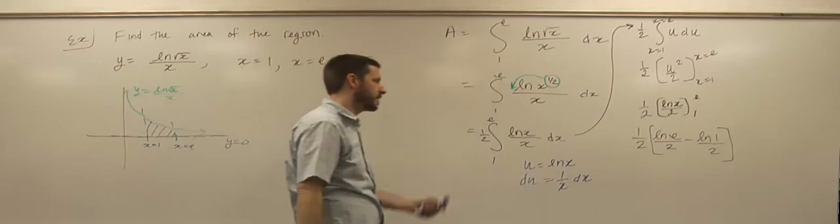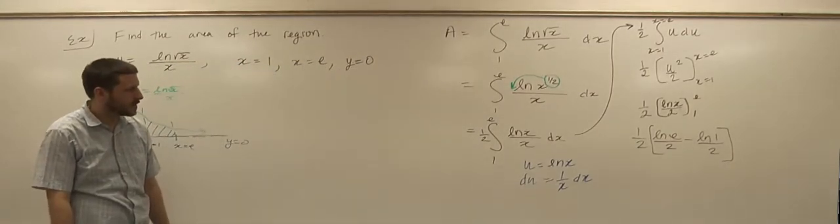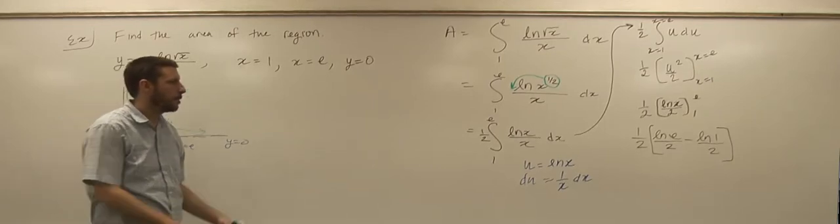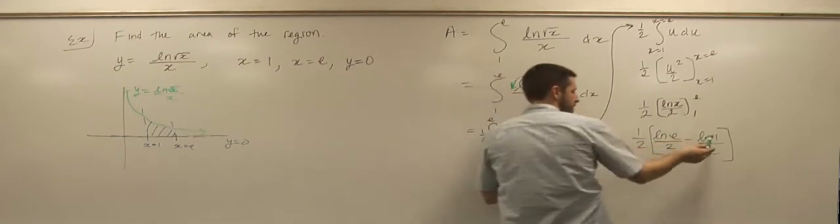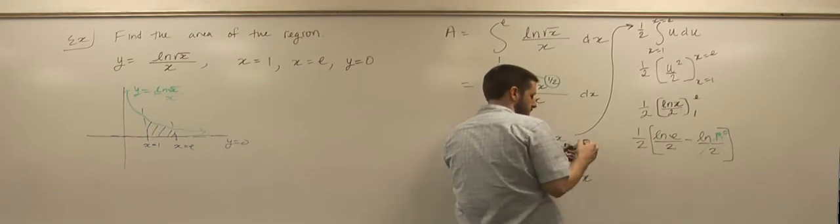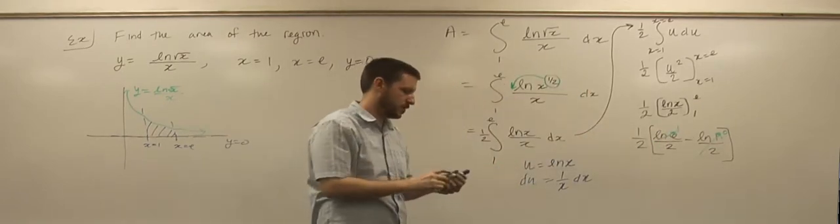When you do definite integrals, it's top minus bottom, always. So what do we end up with? 1/4 altogether, I think. ln of 1 is 0, so this guy's useless. ln of e is 1. So 1/2 times 1/2 is 1/4.